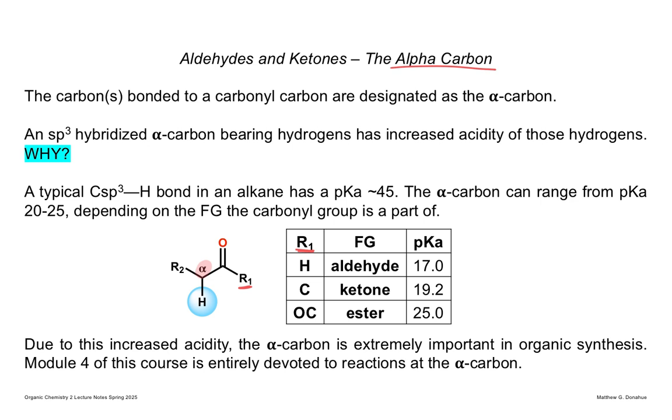The take-home point on this slide is, normally for an sp3 hybridized carbon-H bond, the pKa is 45, but once the carbonyl is next to it, it drops quite a bit to 20 to 25. So there's increased acidity.